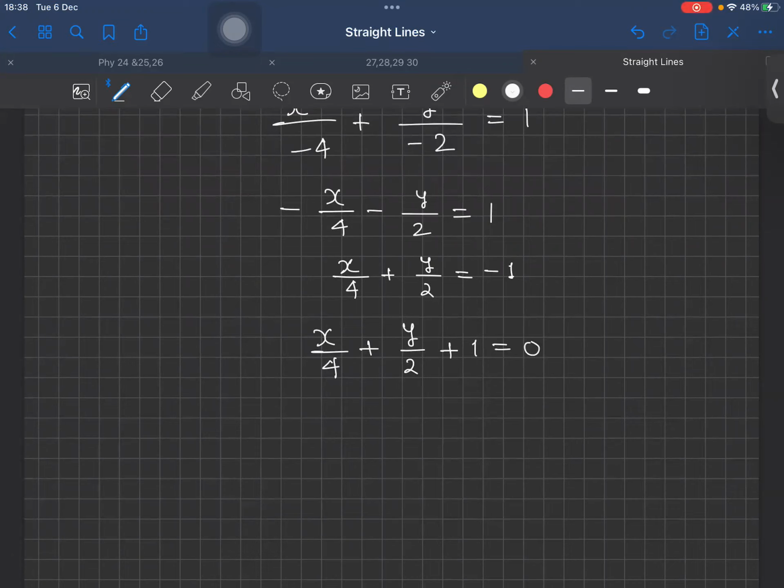These are all forms. I'm just taking this to the left hand side, -1. If you want, you can take the LCM as well. So LCM will be 4. This will be x plus 2y, plus 4 is equal to 0.